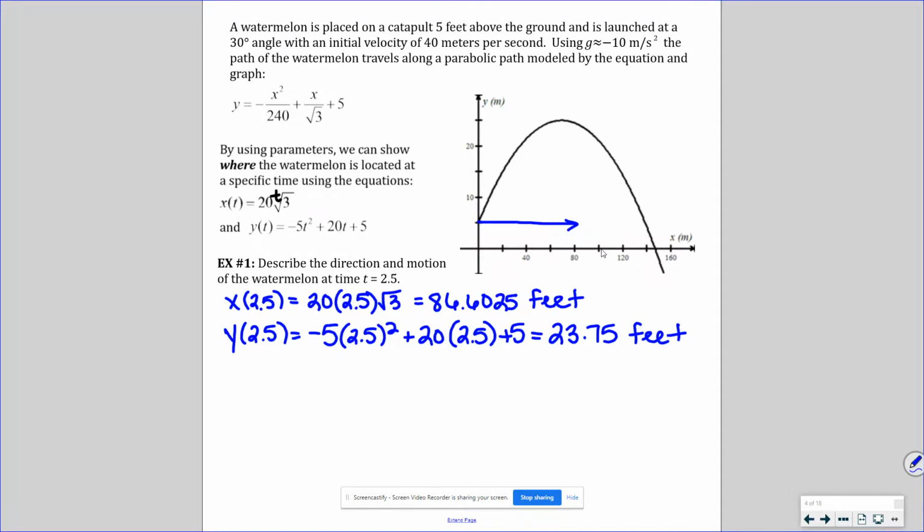So 86 would be about right here, and then 23.75 feet in the y direction would put you at about 28-ish, and that means your watermelon is located right around this dot. So left and right movement is your x parameter, and up and down vertical movement is your y parameter.